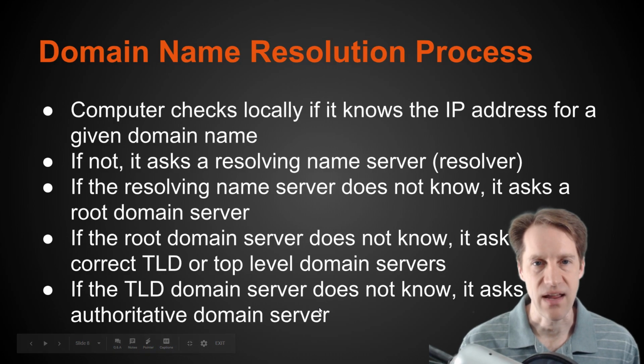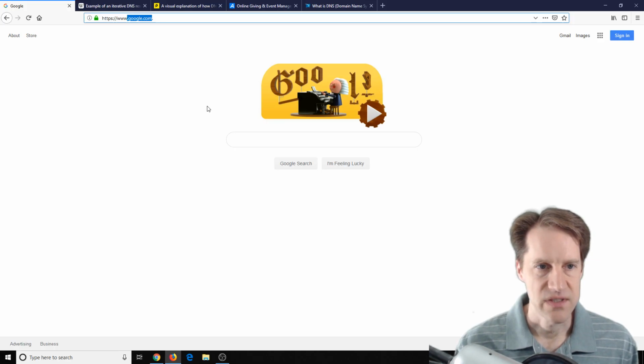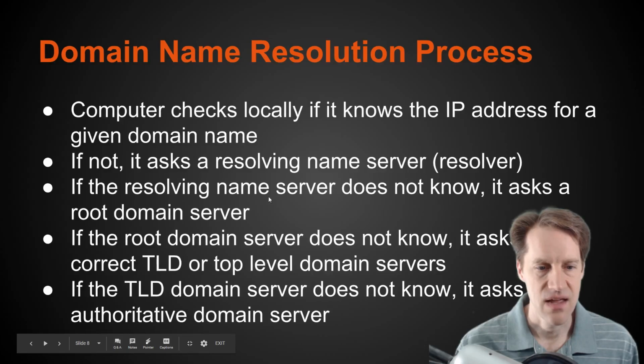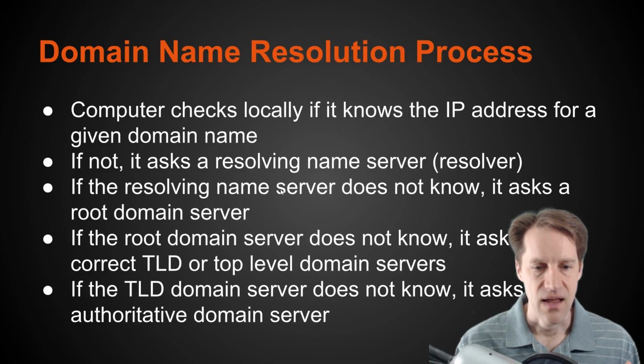At this point, it asks a domain registry, hey, who are the authoritative name servers for google.com? And once it finds those out, that resolver can then go ahead and ask the authoritative name server for that domain name to get the proper IP address back.